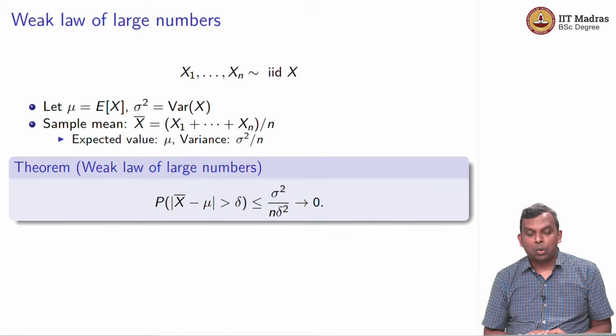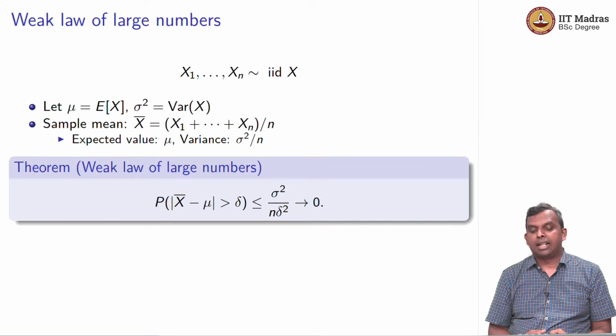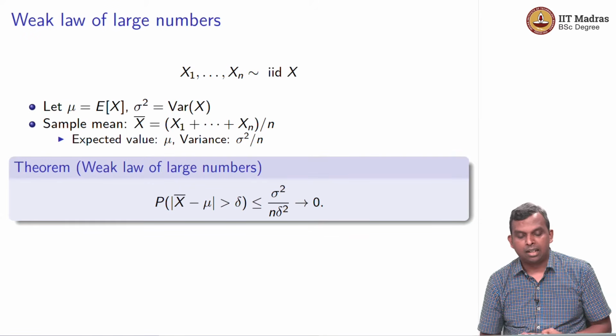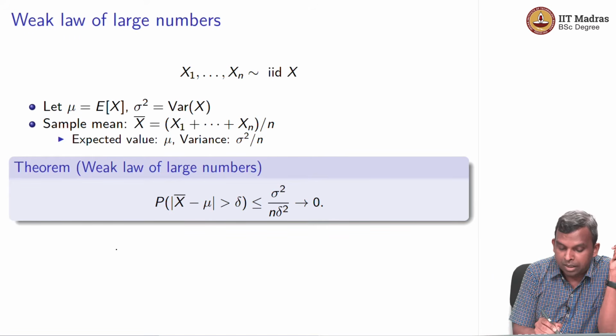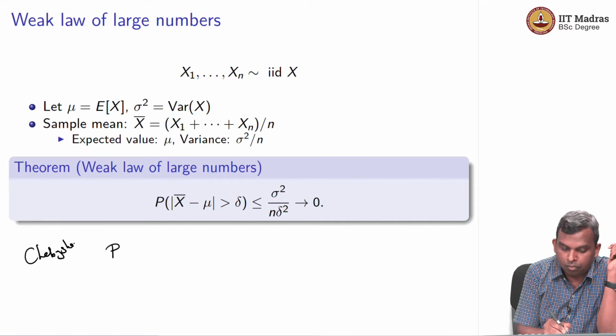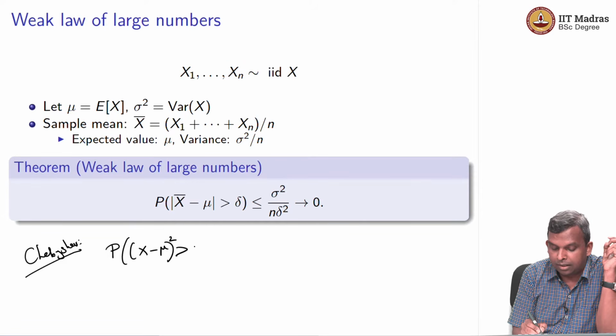The probability that |X bar minus mu| is greater than delta is less than or equal to sigma squared by n delta squared. This is a very simple use of Chebyshev's inequality. What is Chebyshev's inequality? It says the probability of (X minus mu) squared greater than delta squared is less than or equal to the expected value divided by delta squared.